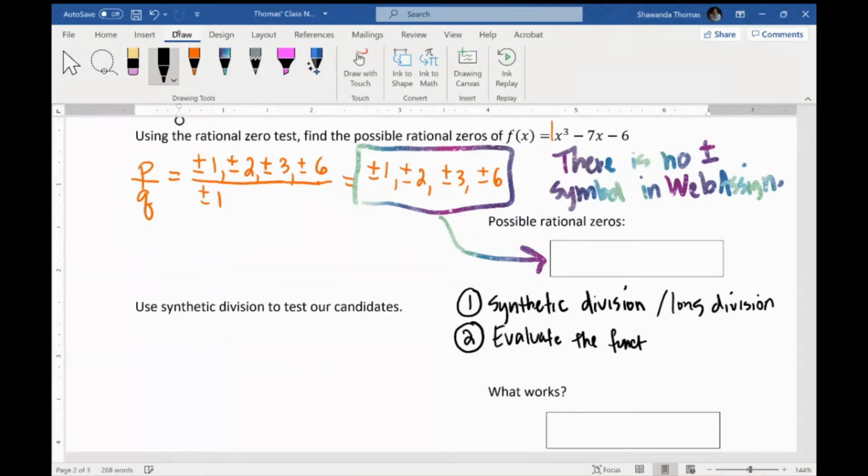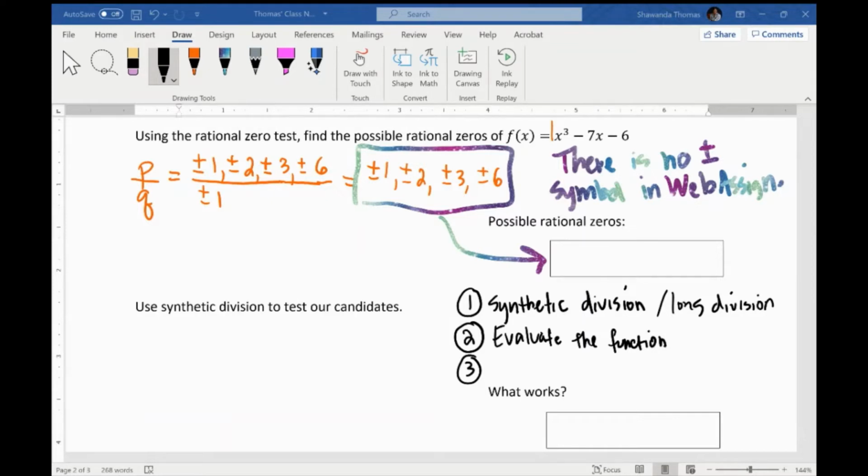All right, someone other than Alicia and Nakira. Give me one more way we could possibly figure out if a number is a zero of a function. One more way possible. You can set it to 0.